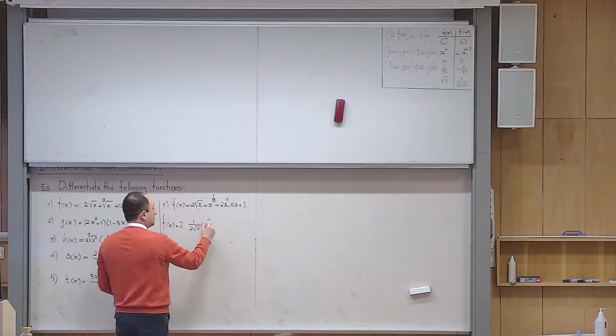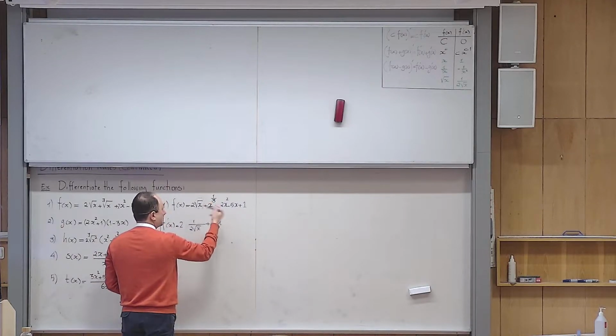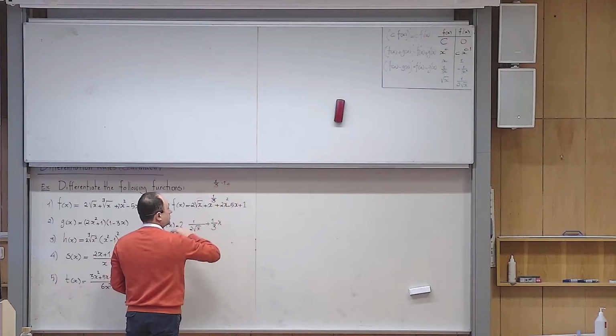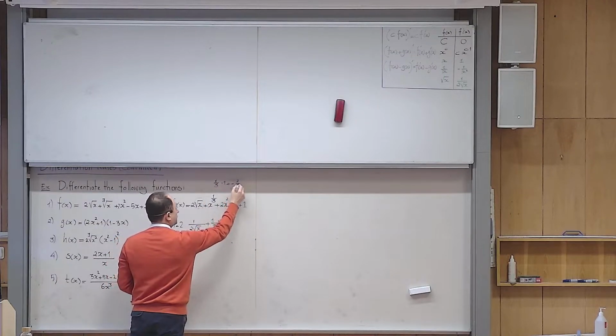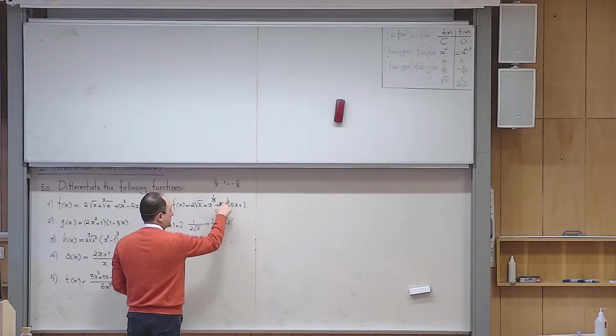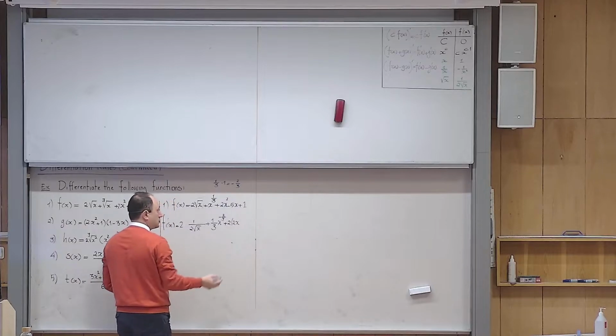So 1/3 goes down, x to the power of 1/3 minus 1. This 1/3 minus 1, I expect you to do it in your head. Yeah, so it's minus 2/3. And then this 2 goes down. This is a multiplicative constant, I do not touch it. This 2 goes down, x to the power 2 minus 1, which is 1.